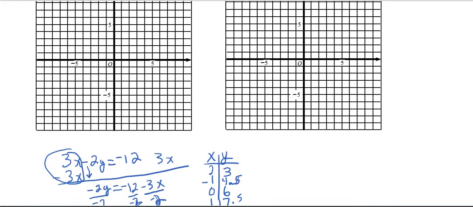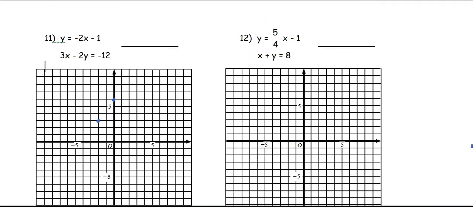Now, if we look at these, that should be negative 2 right there. Make sure it says negative 2. So, negative 2, 3. I'm going to go to 0, 6, just for accuracy's sake, and then to 2, 9, and then I'm going to draw my line.